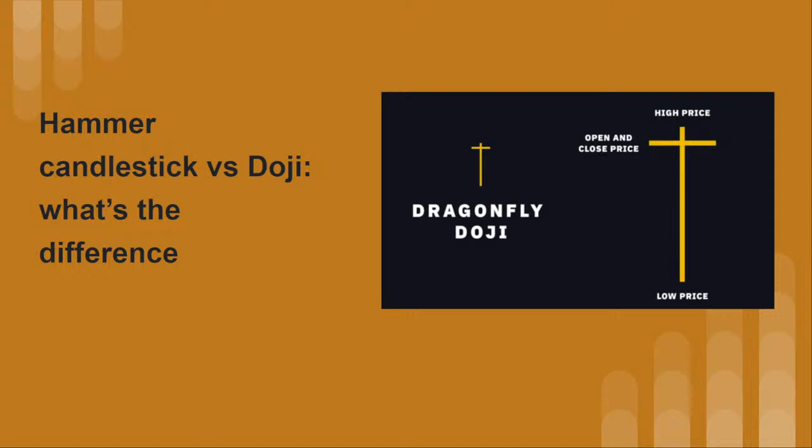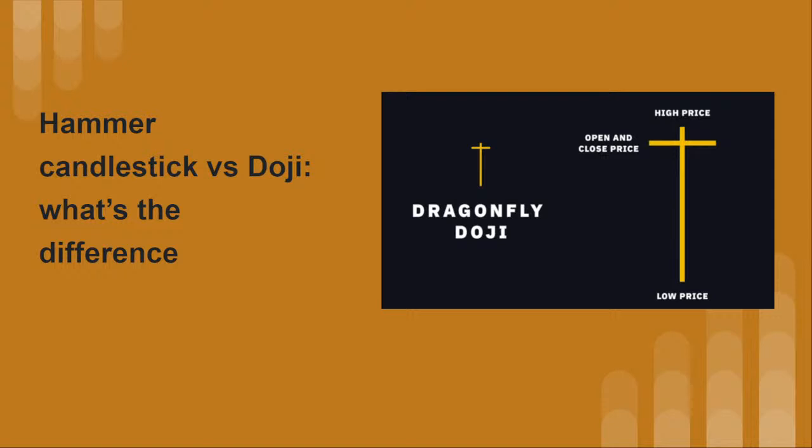Okay, so apart from the hammer, we have the doji patterns also. How many of you are aware of the doji? A doji looks like a plus symbol, but the opening and closing happen in the same area. If the opening and the closing happen at the same place, it is considered a doji.